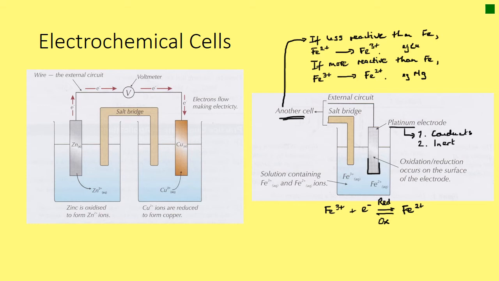And so the electrons would travel one way around the circuit with copper as the other half cell, and they would travel the other way around the circuit if magnesium was the other half cell.